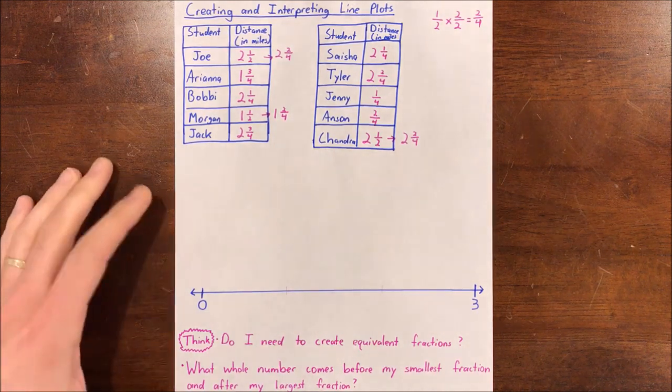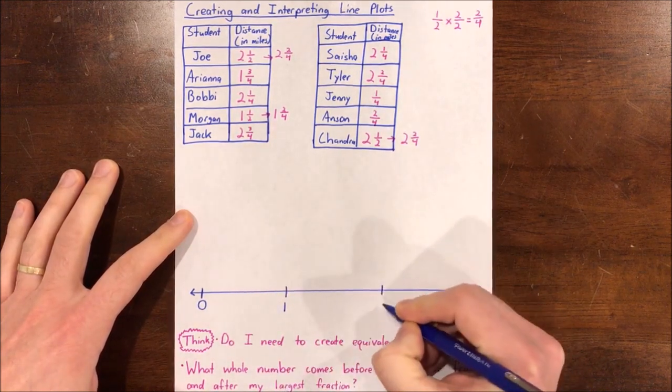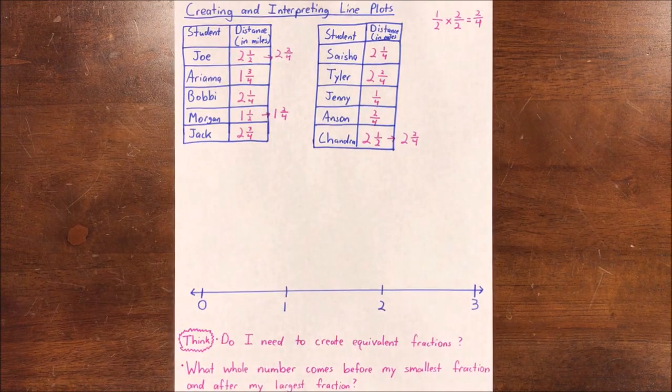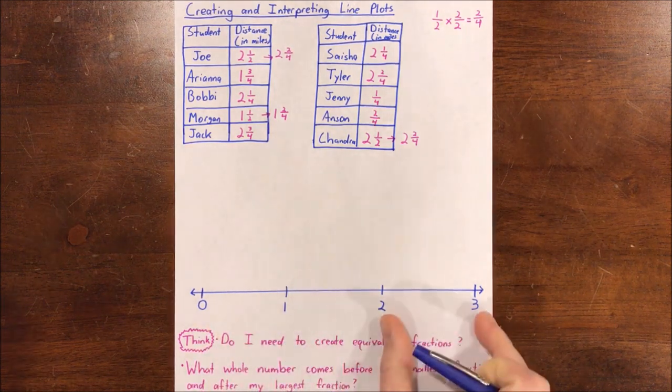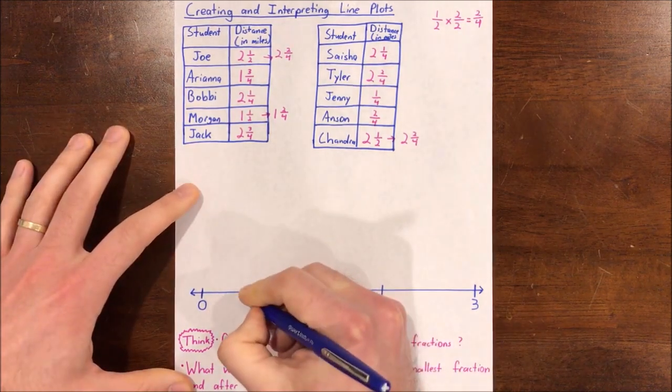I'm going to start with the whole numbers. We got 0, 1, 2, and 3. Now, what do I need to do on this number line? Say it out loud. Yes, I need to partition each of my wholes into fourths, since that's the fraction that I'm working with.